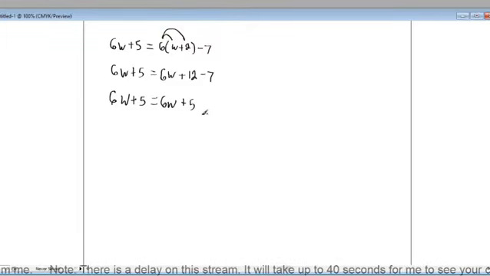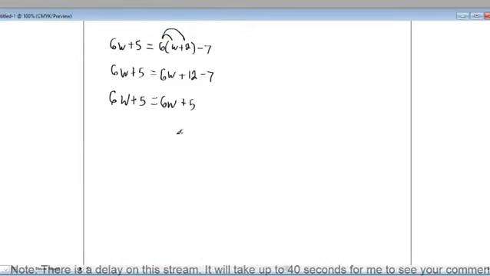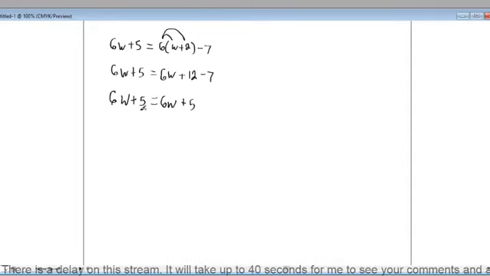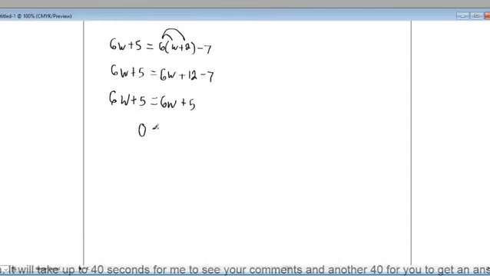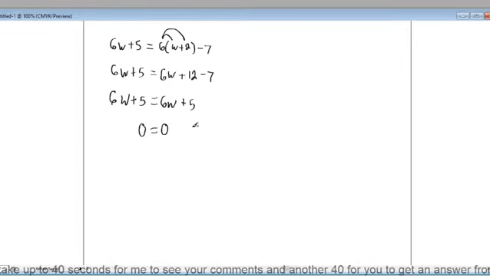So if we were to continue to solve this, let's see, so like subtract 5, and then subtract 6w, we would get 0 equals 0.